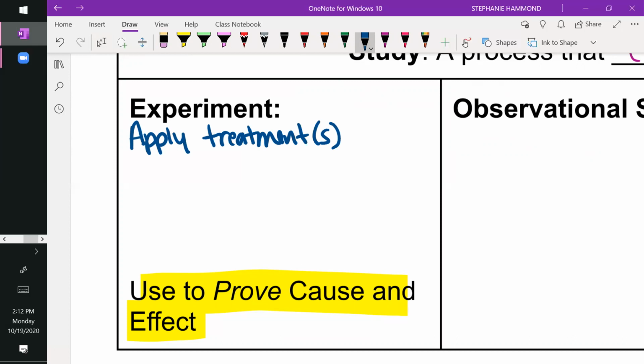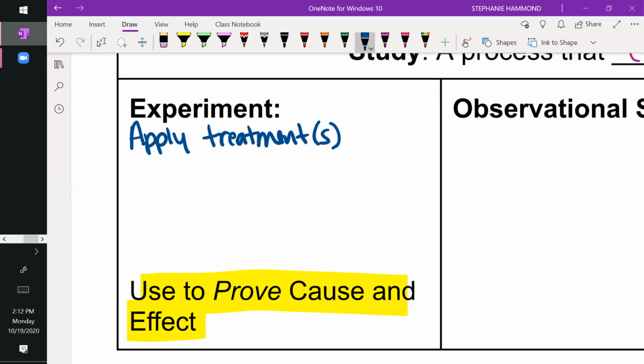Or we can have an experiment where you have students and you put them in different math classes to see which class does better on SAT. You can look at people and you can give them different medications to see which one does better to prevent diabetes. As long as you are applying some sort of a treatment, you're trying to control the outcome, then you are performing an experiment.